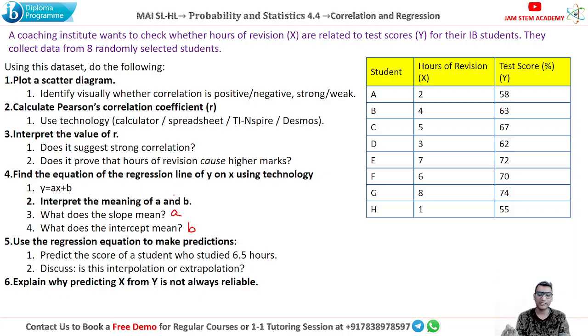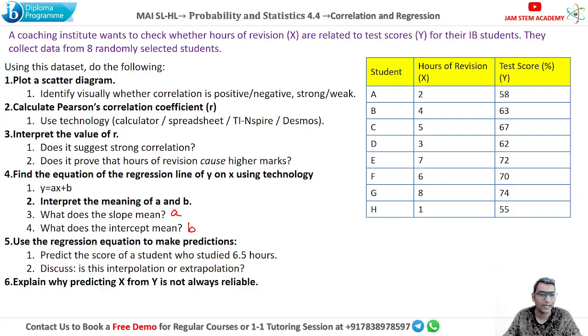So you can say each extra hour of revision is associated with an average increase of 2.75. That's the geometrical interpretation. And about b, the y-intercept, it represents what happens if we take x equals 0, meaning no study at all, what will be the percentage test score in that case? So it is 52.75.